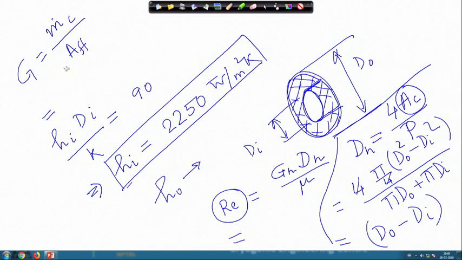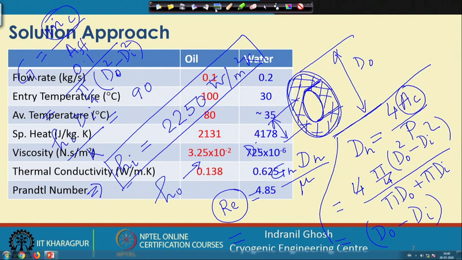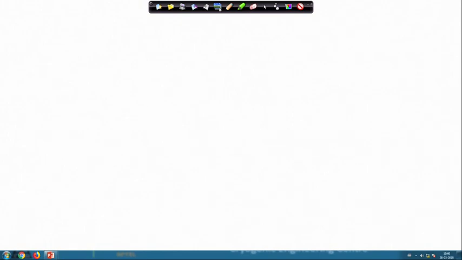You will be able to find that as pi by 4 into d0 square minus di square, and this cold fluid mass flow rate is 0.1 kg per second. With these values, if we estimate the Reynolds number, it becomes 56 for that annular space.